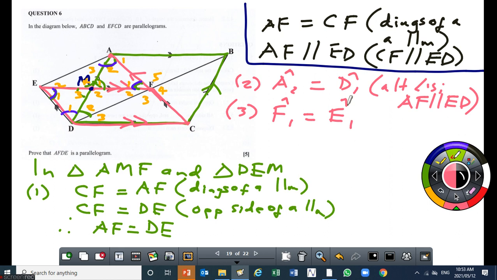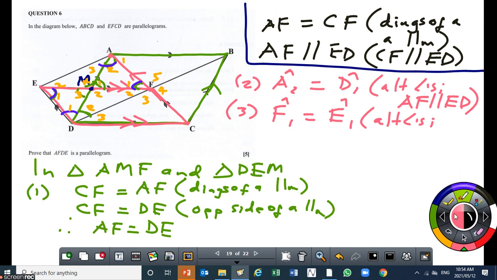So A2 and F1 belong to the same triangle AFM. D1 and E1 also belong to the same triangle. Don't mix the pairs up. Once you have got this, the reason is alternate angles, and AF is parallel to ED.